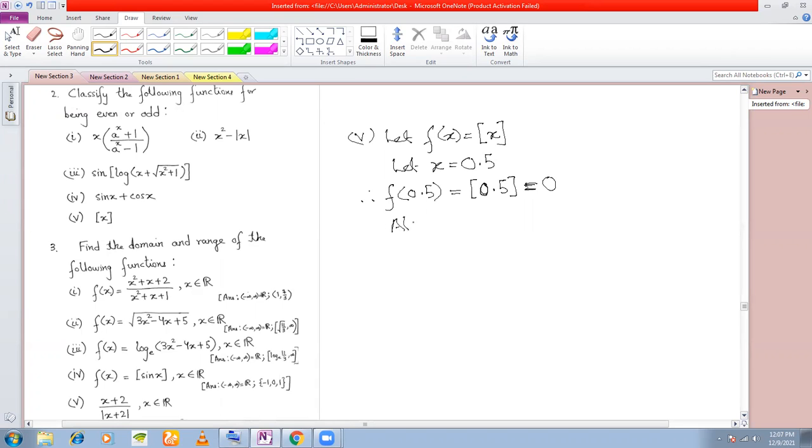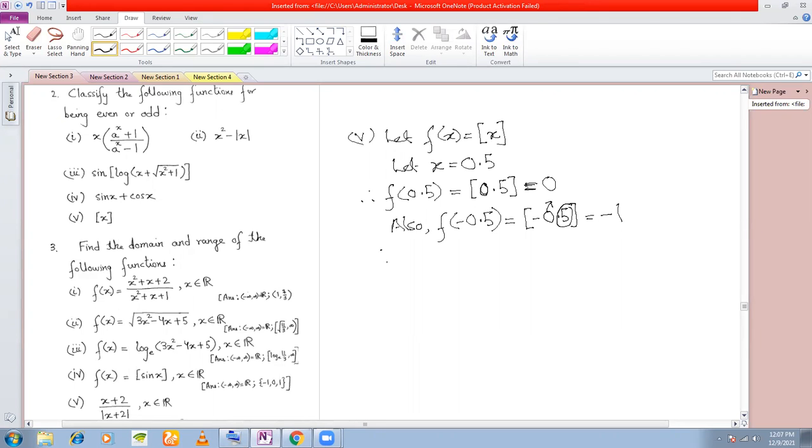Also, f(-x), if we want to find out, let us take f(-0.5). What will it be equal to? Minus 0.5. And in case the number is negative, what number do we take? We not only truncate this part, but we take the next number after 0, which is -1.